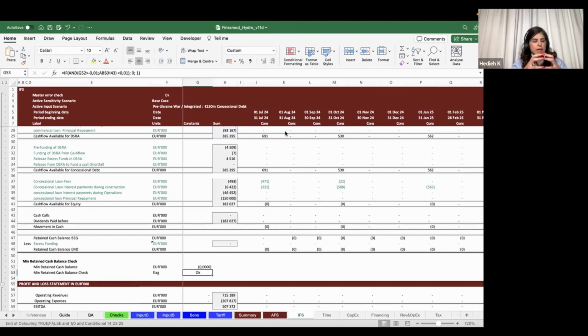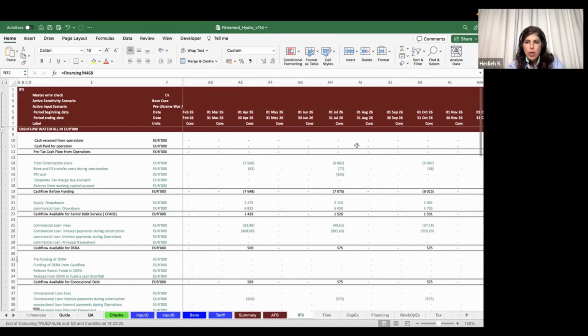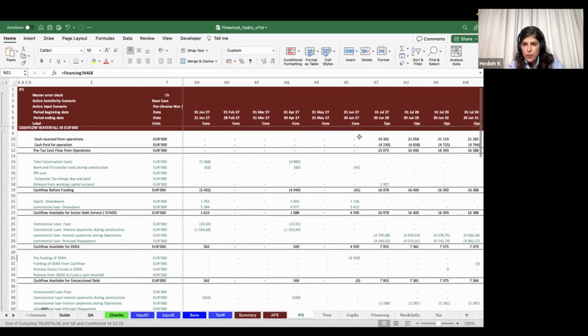Working capital investment. Exactly. Yes, perfect question. I don't know if it is clear to everyone. When I come to my first operating year, this is the first semester that I'm starting operation. You see that here, this is the cash received from operation. So I have already adjusted this line for the working capital impact, right?